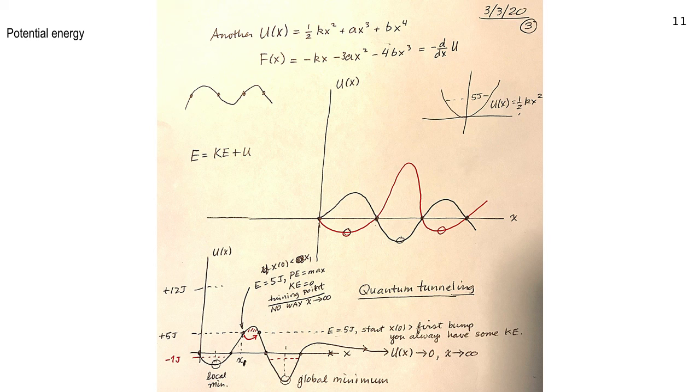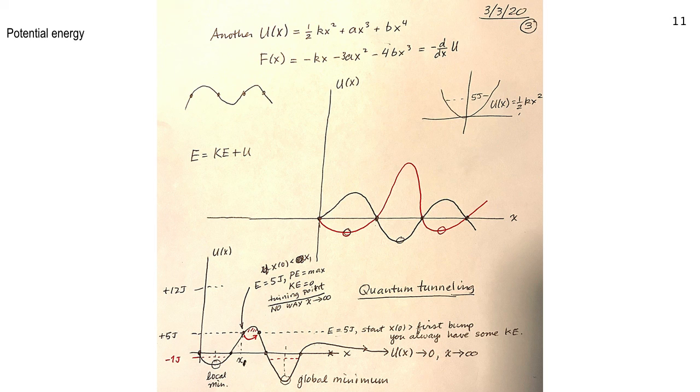Now, quantum tunneling. In a classical system, here's what's permitted for quantum tunneling. You jump, you tunnel through this barrier here.